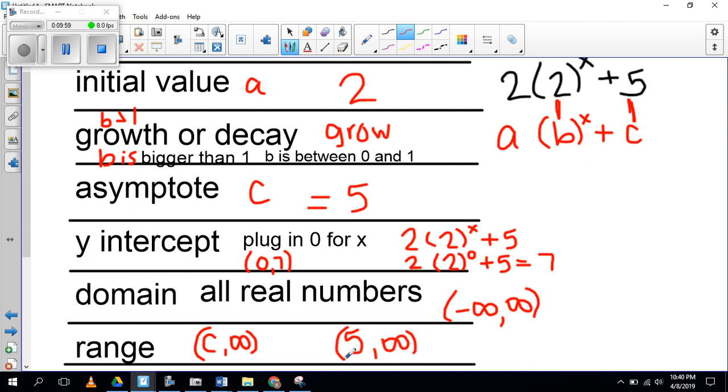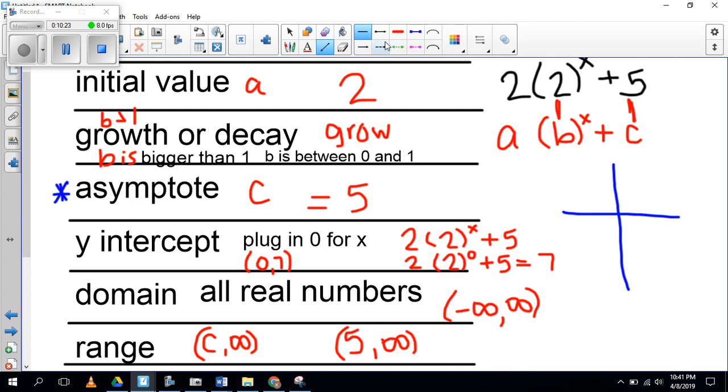So now the last step we have to do is actually graph it. Okay, so if we have a graph here, all we have to do is start with our asymptote here. We know this is a line that it is never going to cross. Okay?